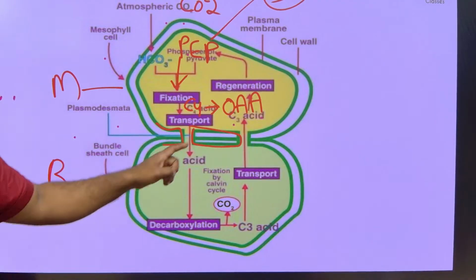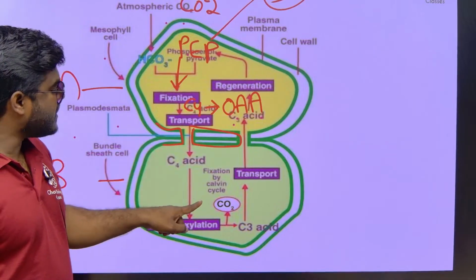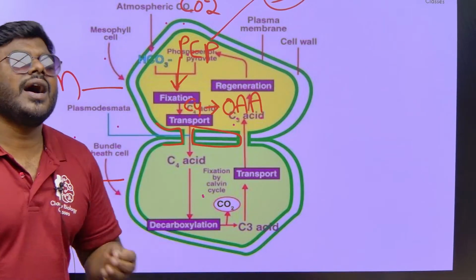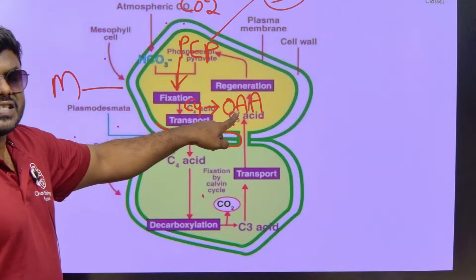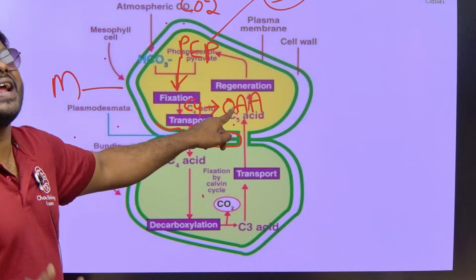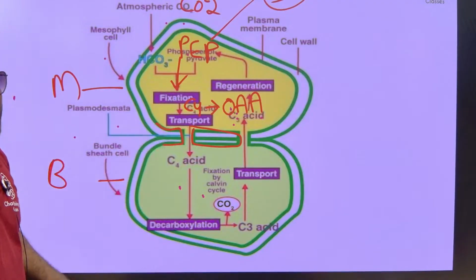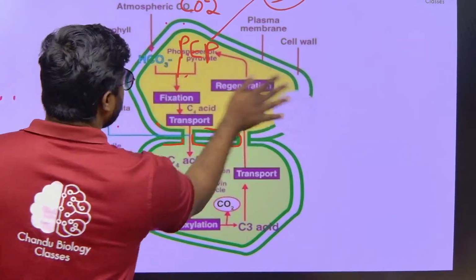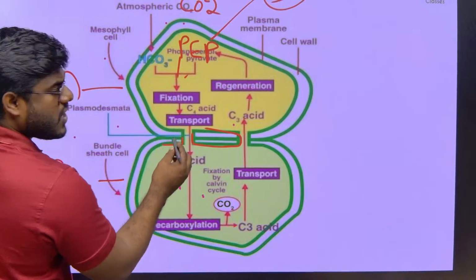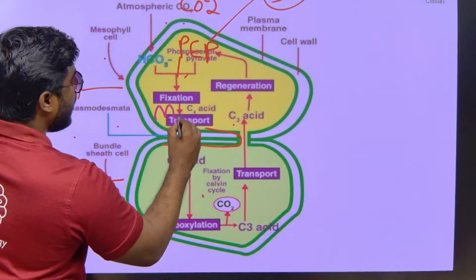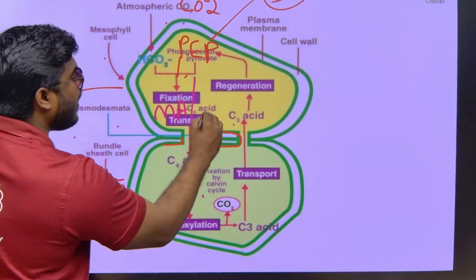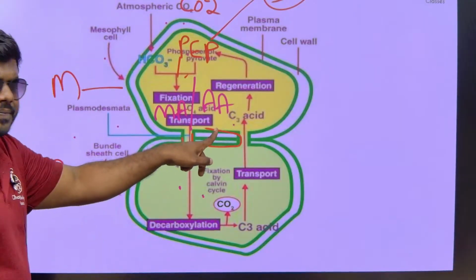Now oxaloacetic acid has to enter into which cell? Bundle sheath cell. Unfortunately, oxaloacetic acid does not have any binding sites to enter into the bundle sheath. That's the reason, in the mesophyll cells only, oxaloacetic acid is converted into either malic acid or aspartic acid.